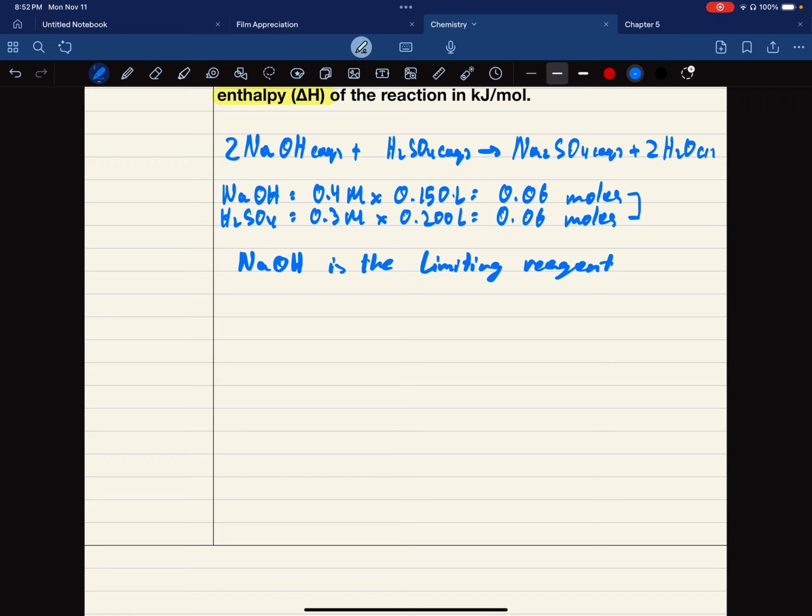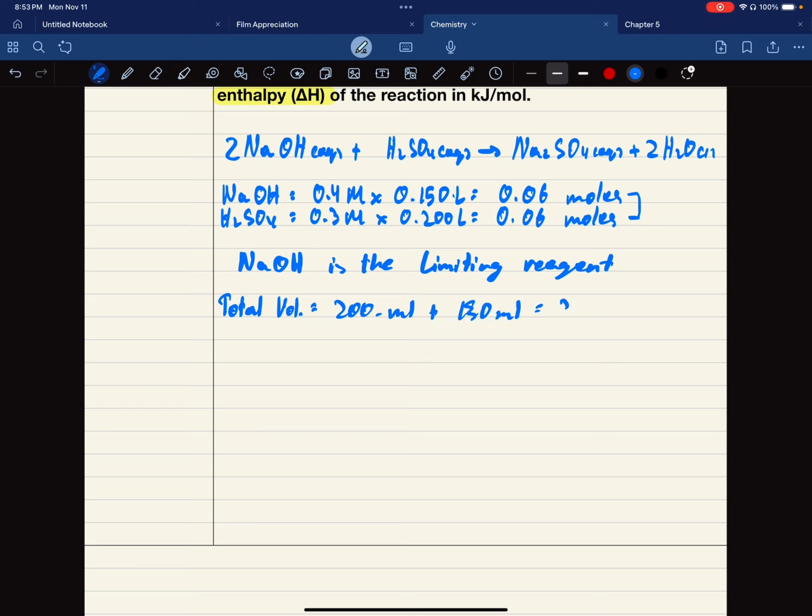So now we are going to calculate Q. First of all, we need to get our total volume. That is going to be 200 mL plus 150 mL.